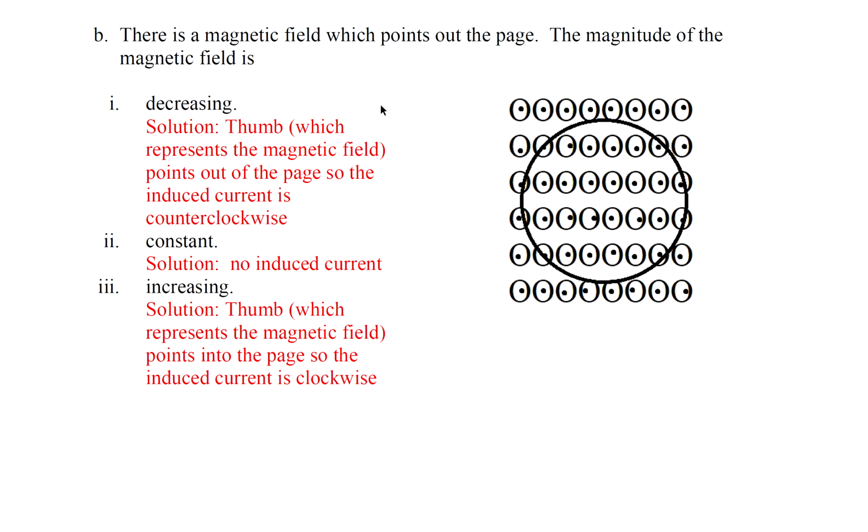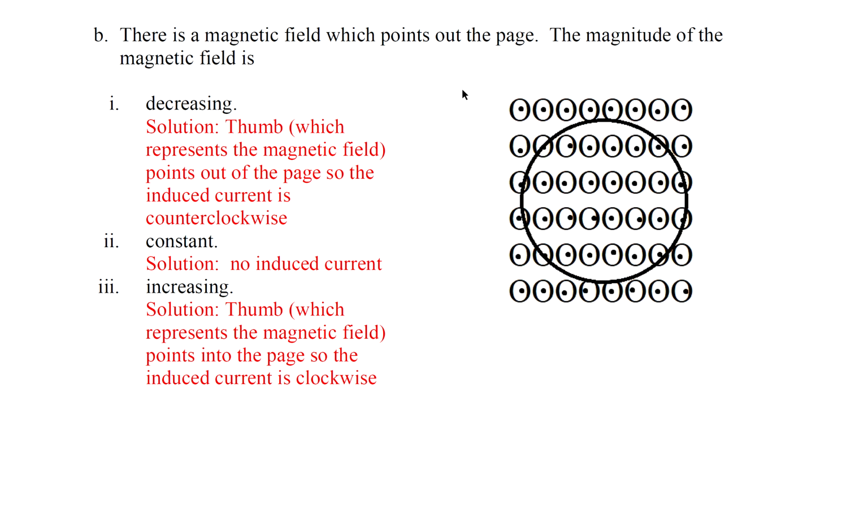We don't like to change what we're doing, so let's put our thumb out of the page. If our thumb points towards our nose, the fingers of our right hand curl counterclockwise. So the induced current is counterclockwise.